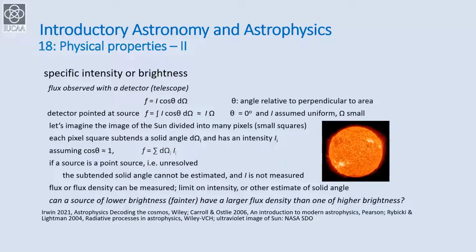Sir, I think it would be possible for a source of lower brightness if it's closer to you as compared to a source of higher brightness that's further away. Then the source of lower brightness would have a larger flux density. Okay. Anybody else who agrees or disagrees with Ahan's point?